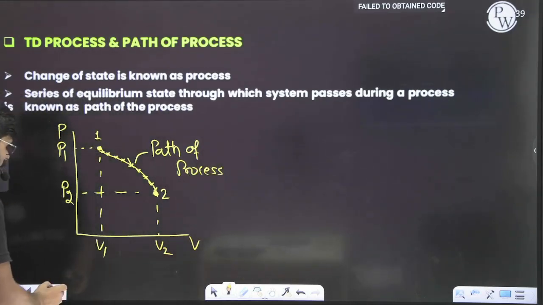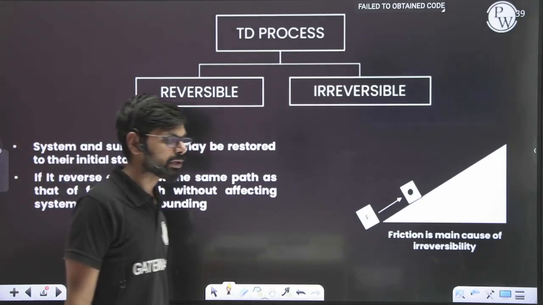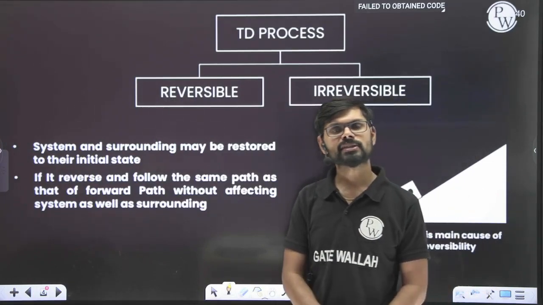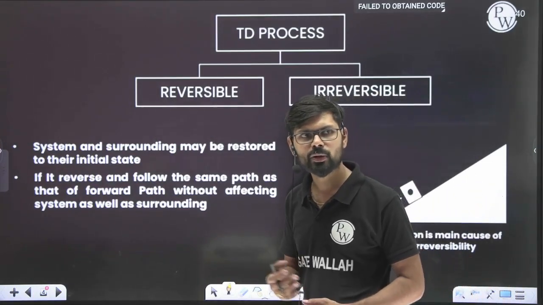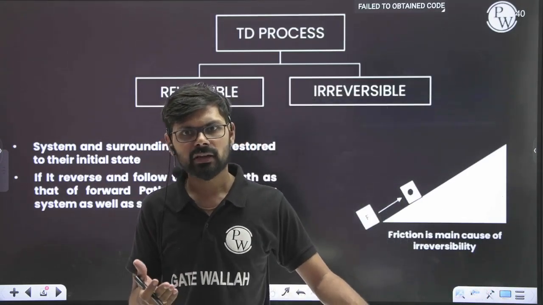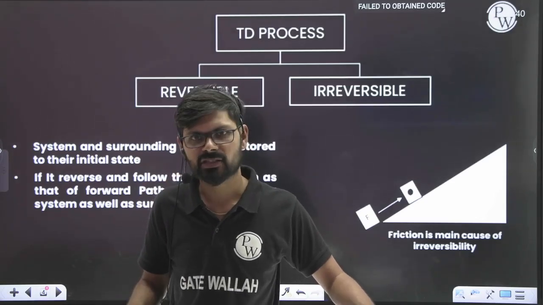Now in thermodynamics, the process can be classified as a reversible process and an irreversible process. What do you mean by reversible process? Reversible process means a process in which each and every equilibrium state is defined.